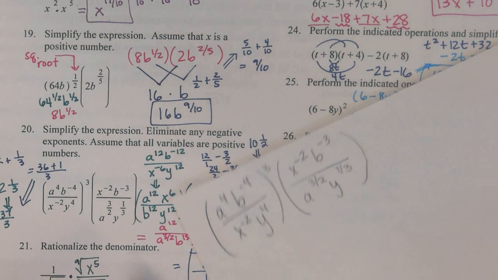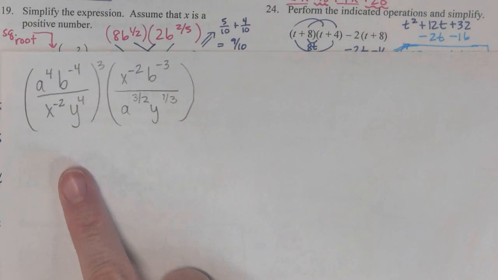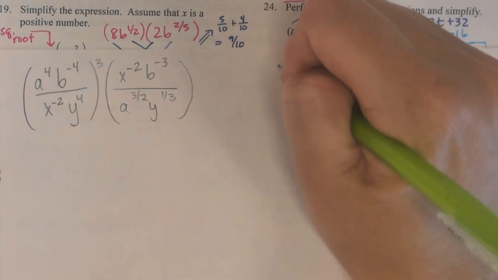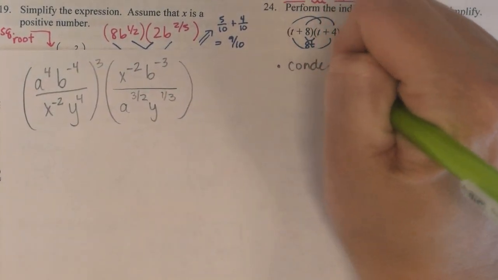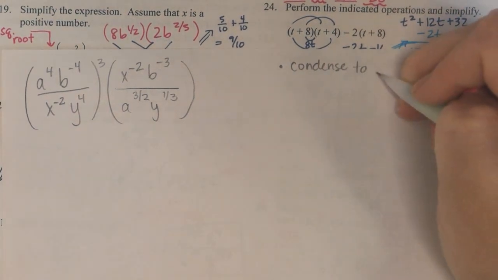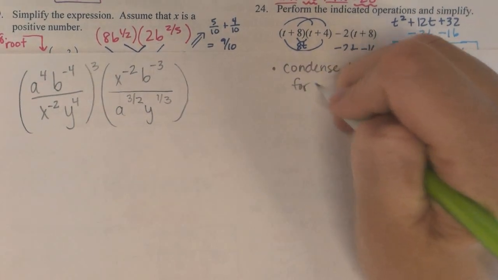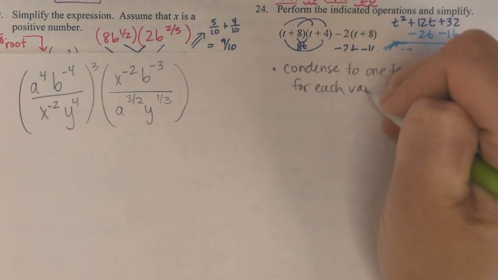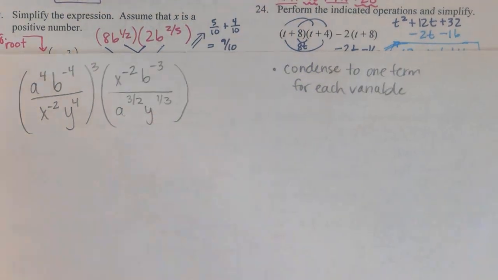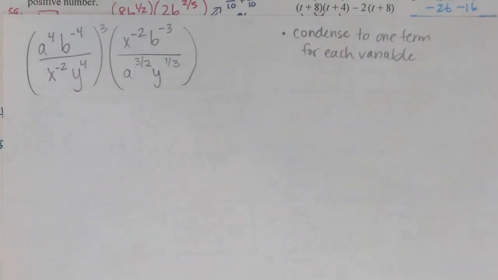Alright, so let's talk about the goals in problems like this, okay? So what you want to do is you want to condense to one term for each variable. Okay, in plain terms, that means you don't want 2 A's, you don't want 2 B's, you don't want 2 X's.